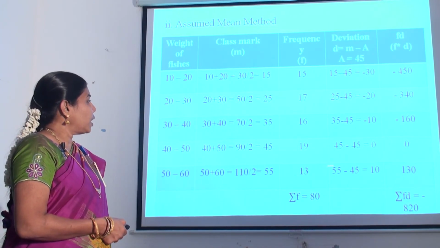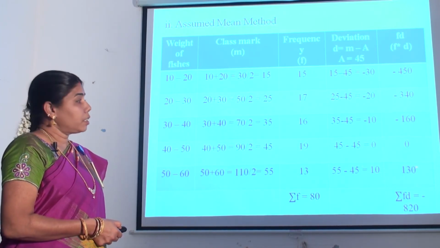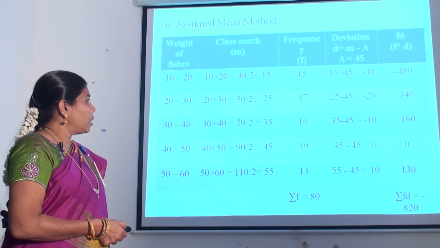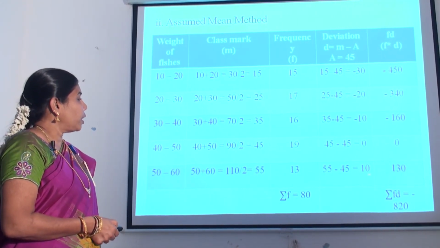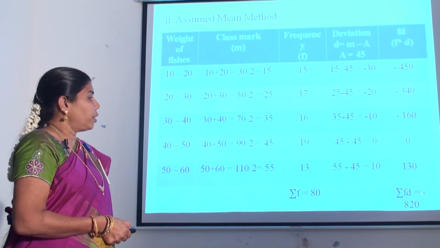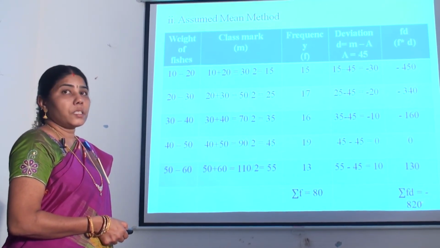Then 13 multiplied with 10 is equal to 130. Here we have to add all the values of FD. We get sigma FD is equal to minus 820.